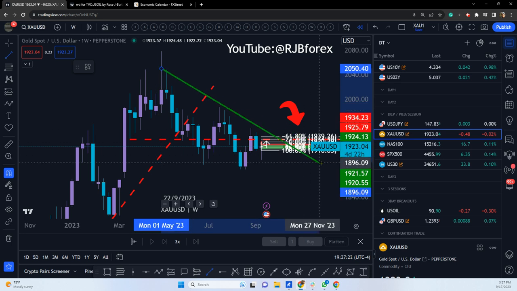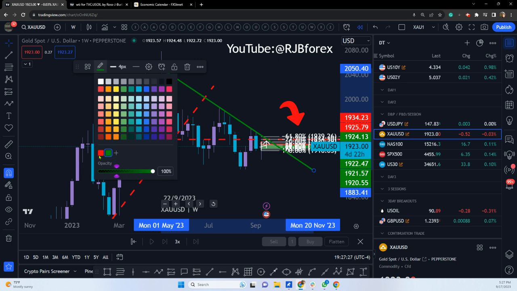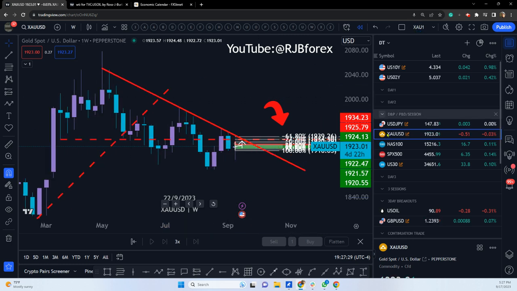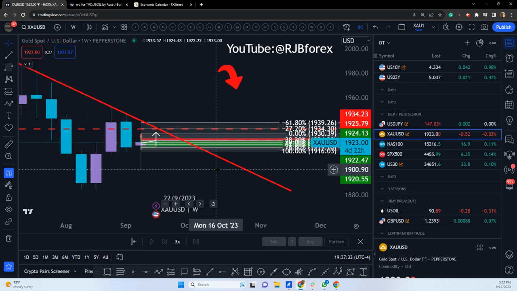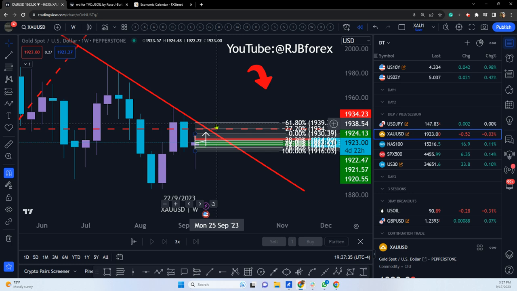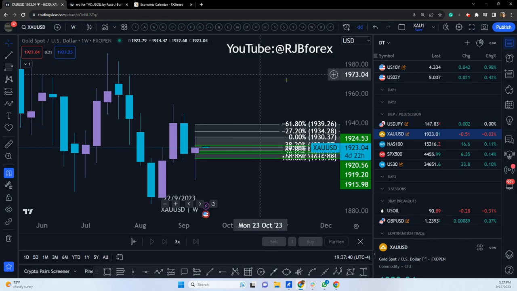And then we can draw a trend line resistance, which could be respected or it might be broken. So let's see what we got last week. I'll go to a different chart so we can illustrate this without taking off those drawings.